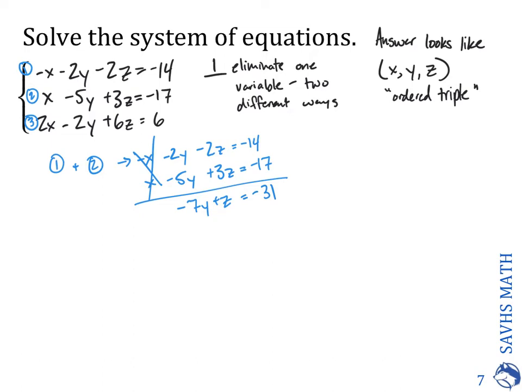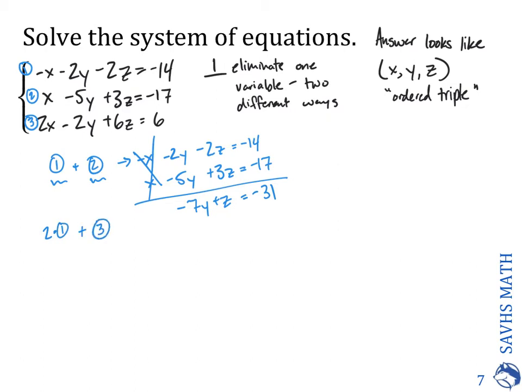Okay, so I have one equation where I eliminated x one way. Because I used equations 1 and 2 the first time, I can't use those same two equations again. So this time, instead of using 1 and 2, I'm going to use 1 and 3. But this time, to eliminate an x, I need to take my equation number 1 and multiply it by 2, and then add it to equation 3. So I'll show you what that looks like.